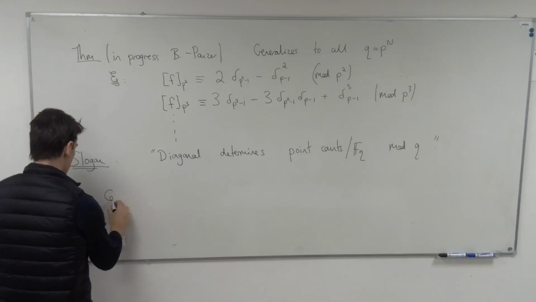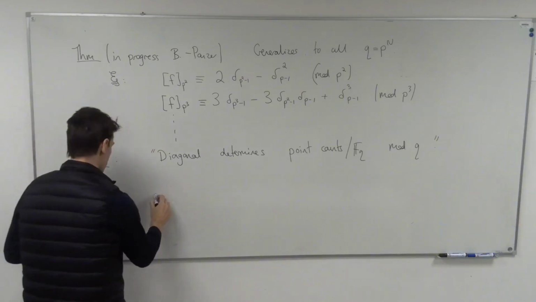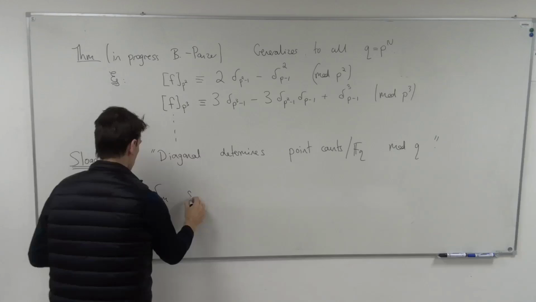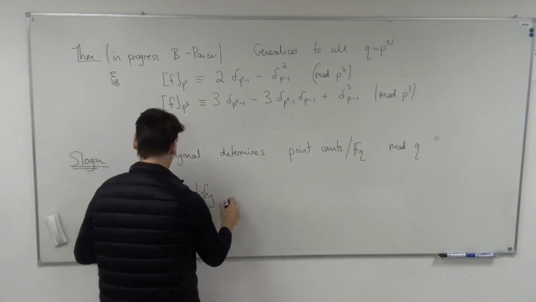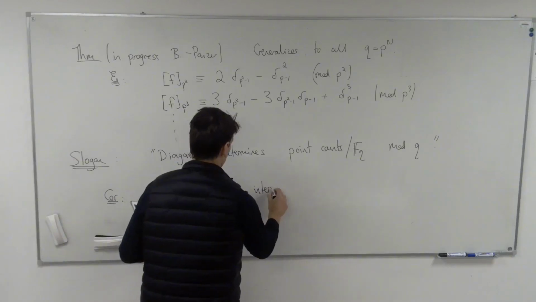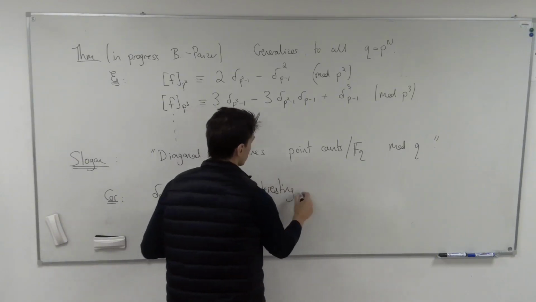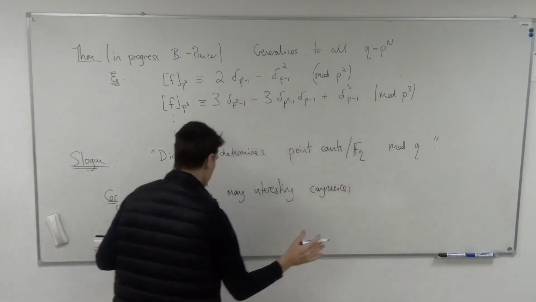But the reason it's consistent is because the diagonal in general satisfies many interesting congruences. So this is a whole field of research. There are many congruences of many types.